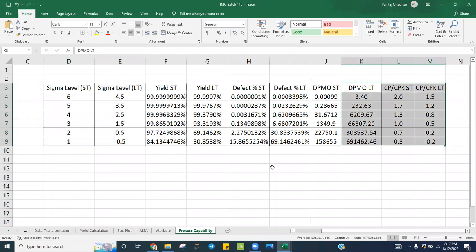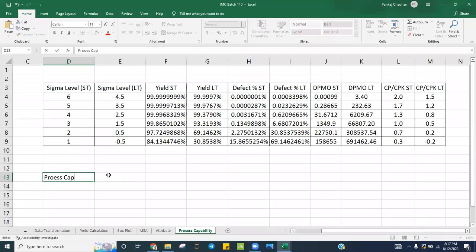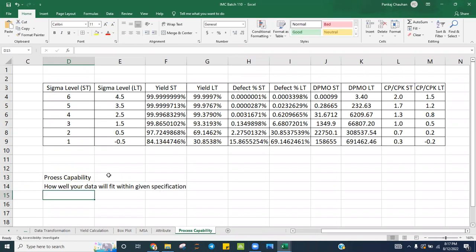Okay, let's see. So what is the process capability? Process capability means how well your data will fit within the given specification.